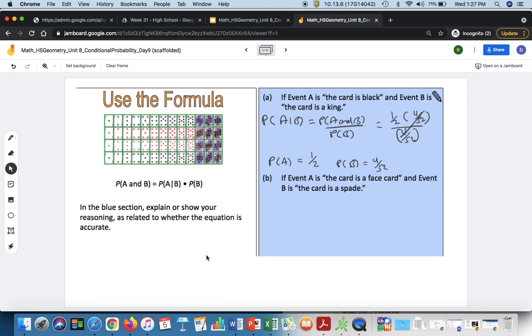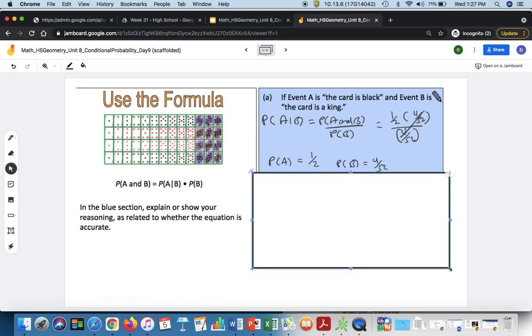So I'm going to create a little bit more space just to finish this question up. Let's create a box here, and we will be addressing B in a second. So now let's answer the question that was being asked here. What would be the probability of A and B, right? So the probability of A and B would equal the probability of A given B times the probability of B. And now we have all this information here, right?